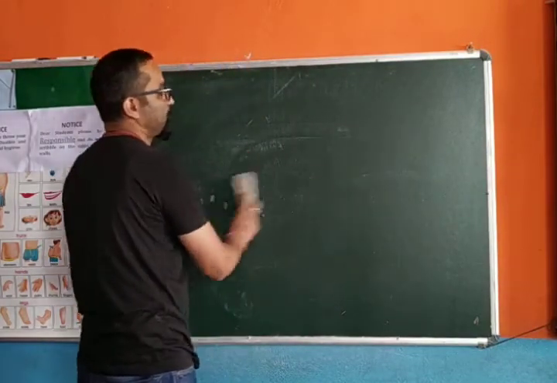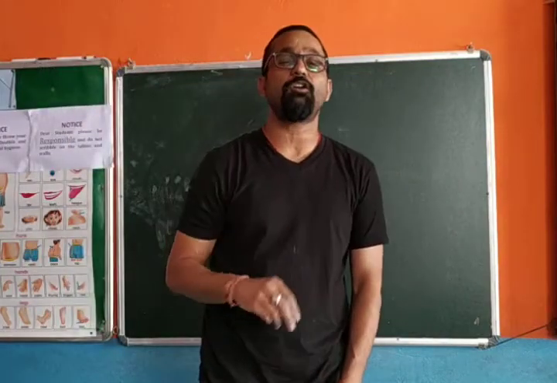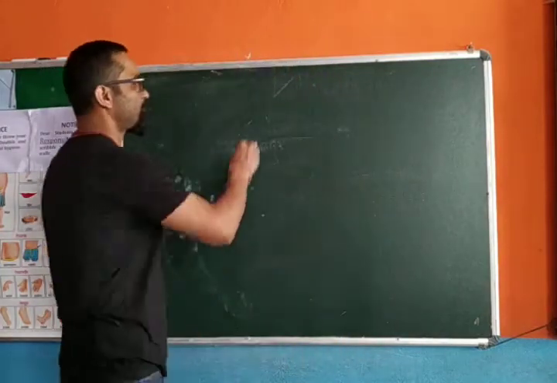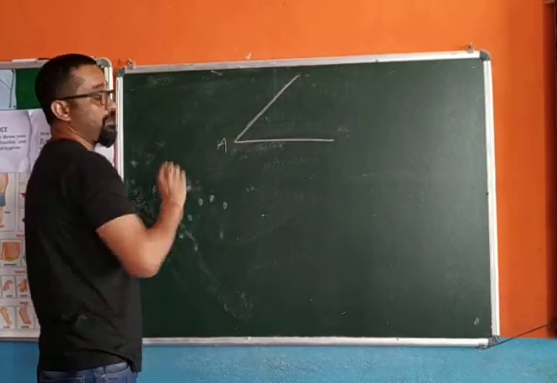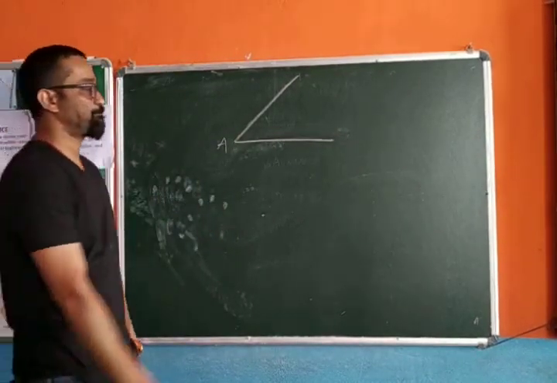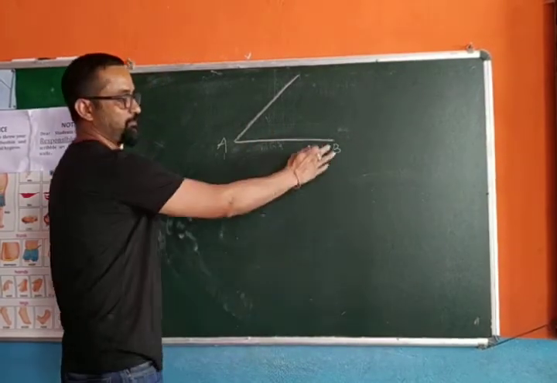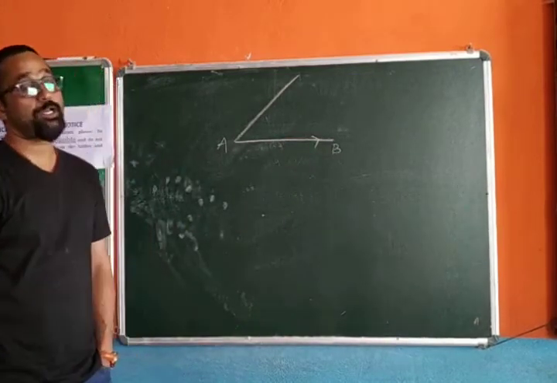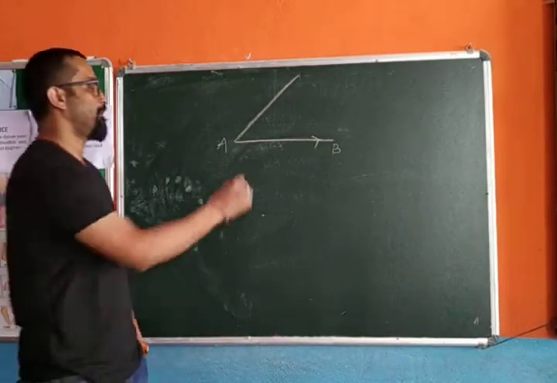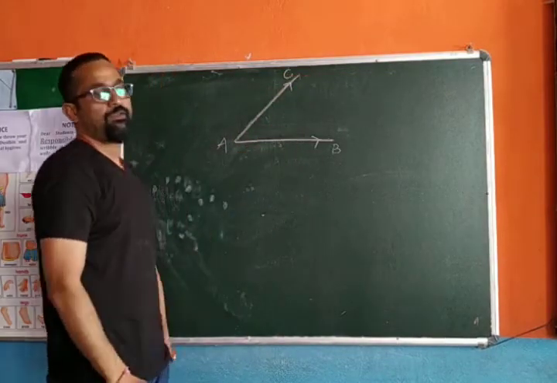Next term is interior and exterior of an angle. A is a fixed point. B is a point. We mark it so that we get a ray. Again, we write C, mark it.